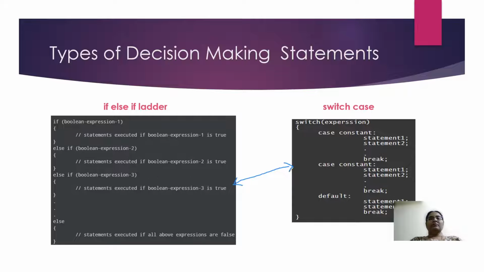You can alternatively use a switch case statement or an if else if ladder, but it won't work in all scenarios. For example, if you want to calculate the grade of a student, the suitable decision making statement for this scenario is the if else if ladder only.